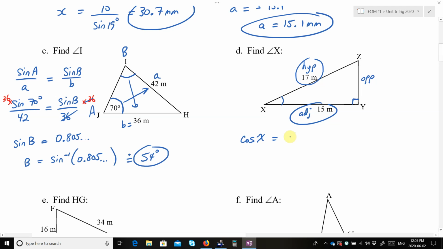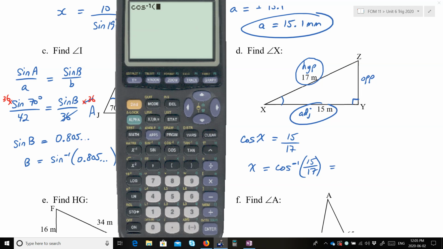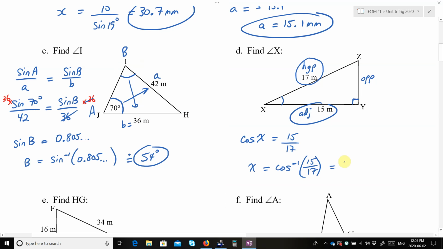So cos X equals 15 over 17. And so angle X is cos inverse of that ratio. Shift cos 15 over 17, and we get 28 degrees. Okay, looks good in the answer key.